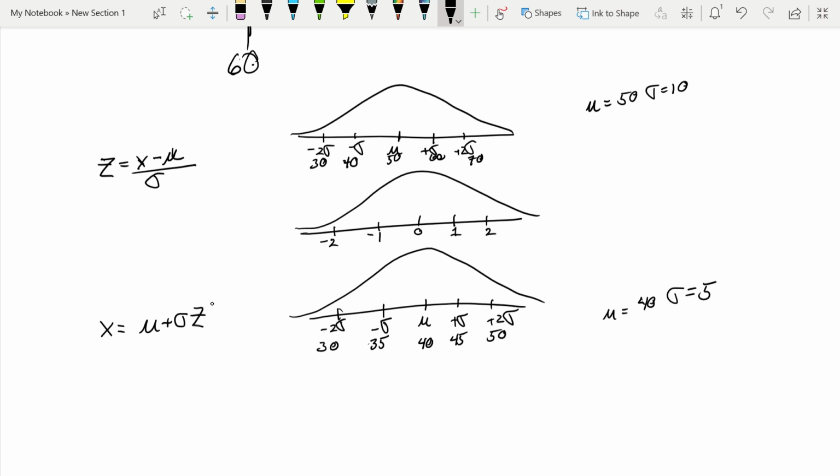So if I have this distribution with a mean of 50 and a standard deviation of 10, I go up one standard deviation to 60, up 2 to 70, down 1 to 40, down 2 to 30. And if I want to standardize a value from this one, I put it into the standardizing formula.